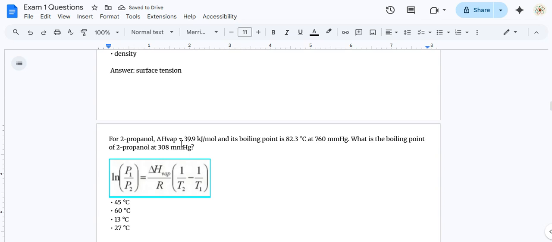So I'll convert this to joules per mole, which is like 39,900. And then this is temperature 1. I'll convert this to Kelvin by adding 273, and then this is pressure. I'll put it here for P1. This is pressure 2, P2, and then after plugging in all the values, solve for T2, which is in Kelvin, and then I convert that back to Celsius.